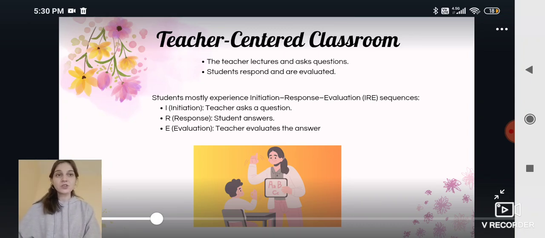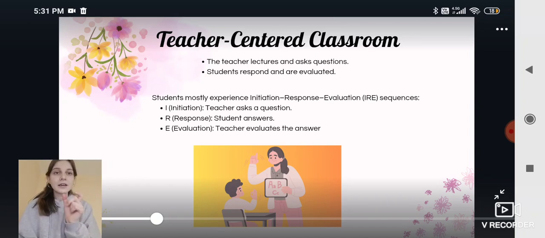In teacher-centered classrooms, the teacher lectures and asks questions, and students respond, and they are evaluated at the end of their response. Like we all know, this is the classic and traditional type of lecturing. In teacher-centered classrooms, students mostly experience initiation, response, and evaluation, which we call IRE sequences.